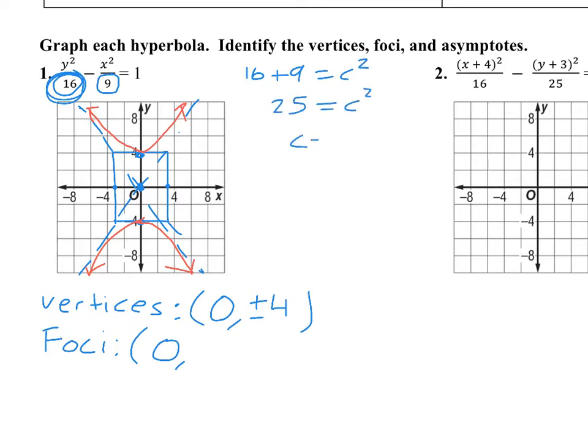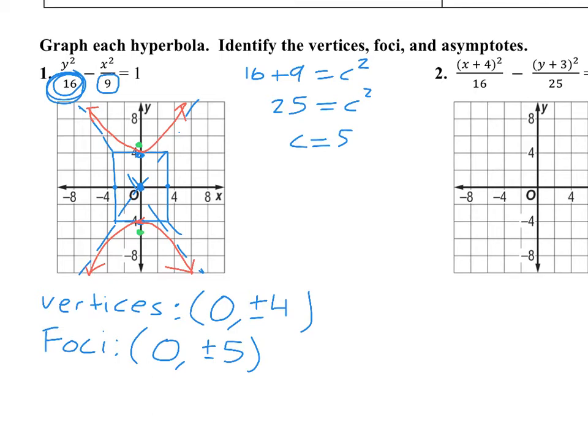So c equals 5. So we're going to put plus or minus 5. And if you wanted to graph those, the foci would be right here. Remember, the foci get eaten by the hyperbola.